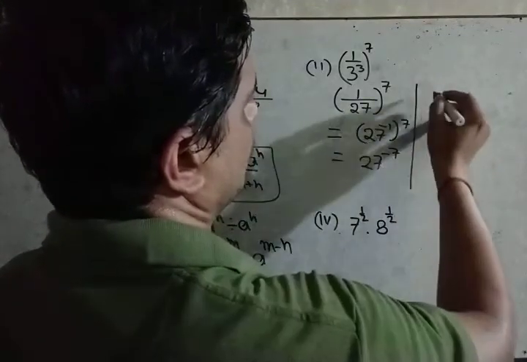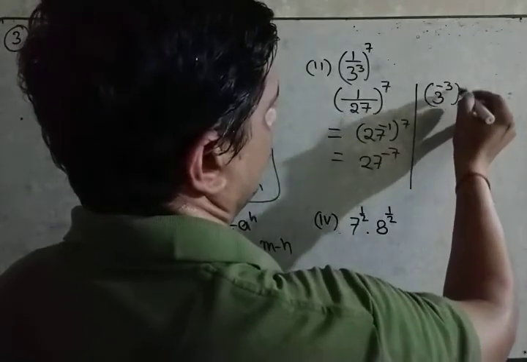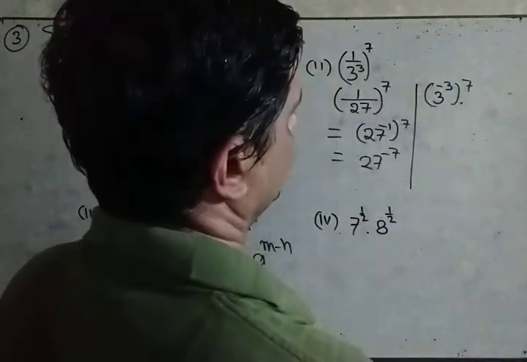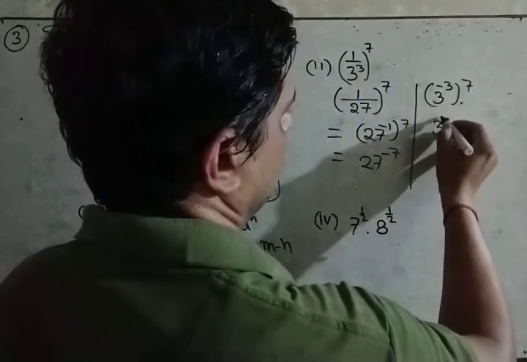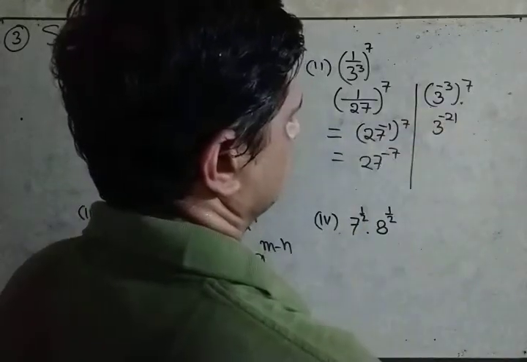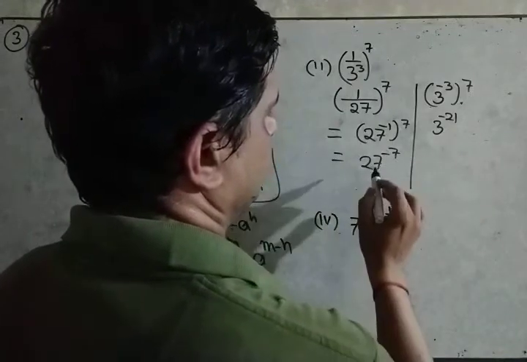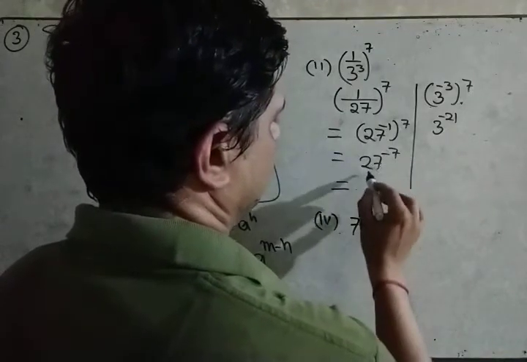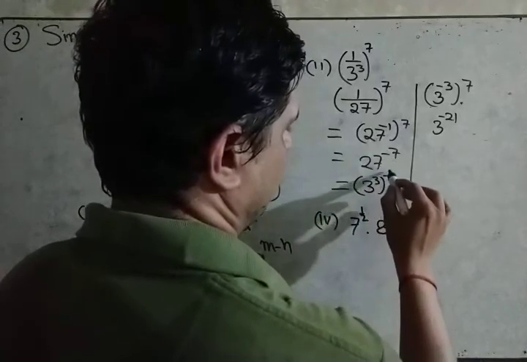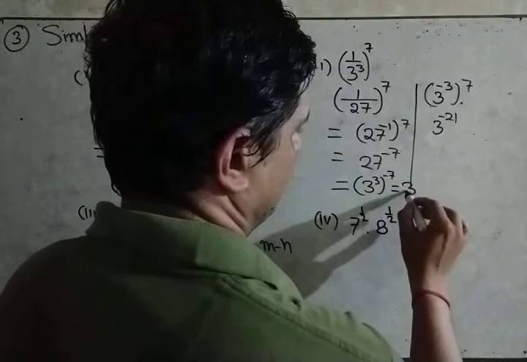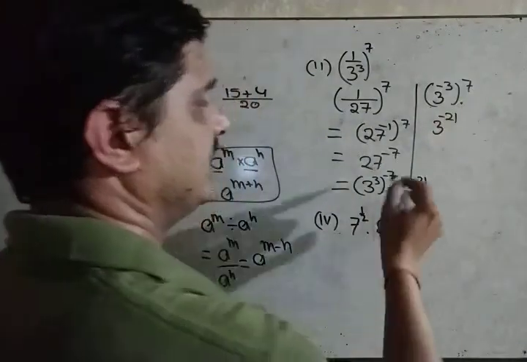How? After that, what you will do? You will multiply. Any of the answers have the same result. Means if you multiply 3 power 3, then you will get the result. Okay. This is the best method.